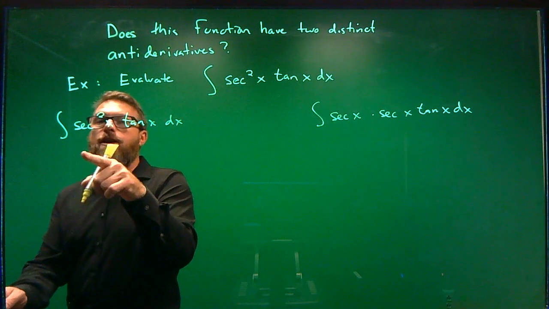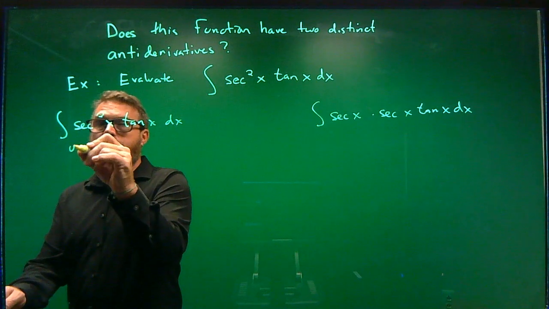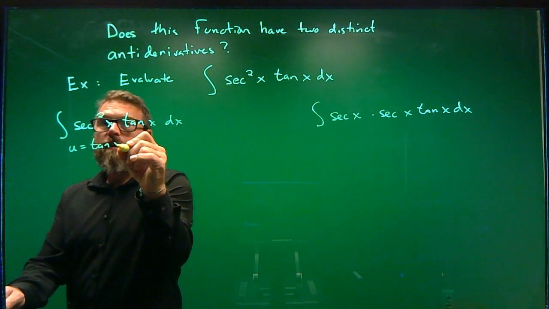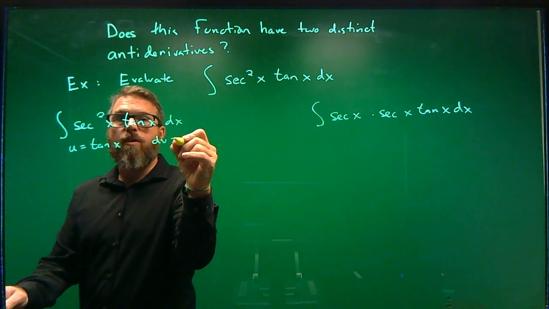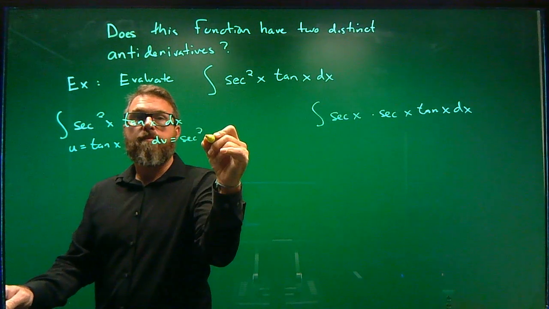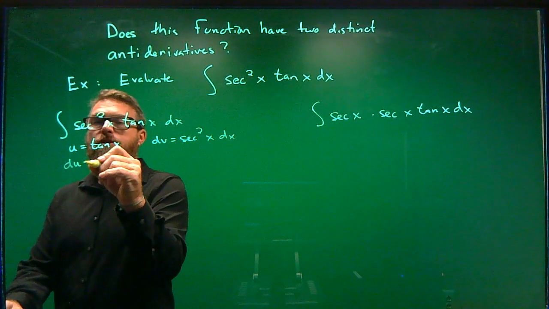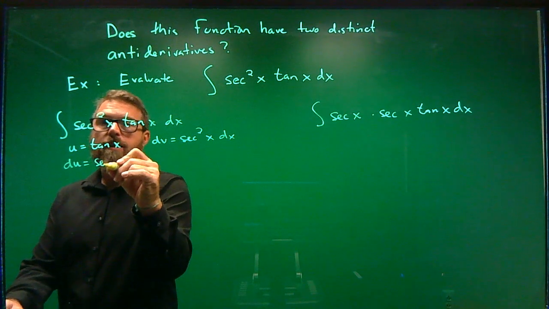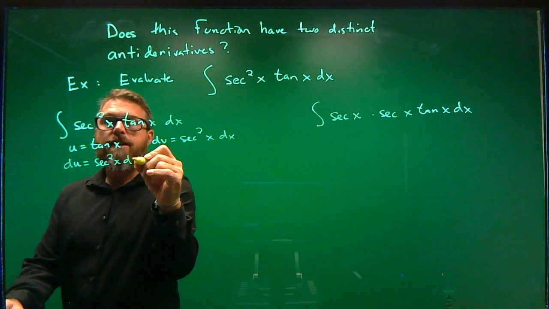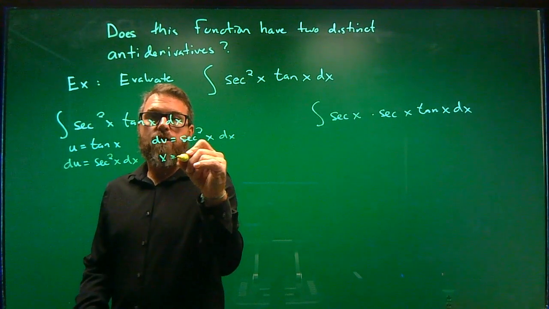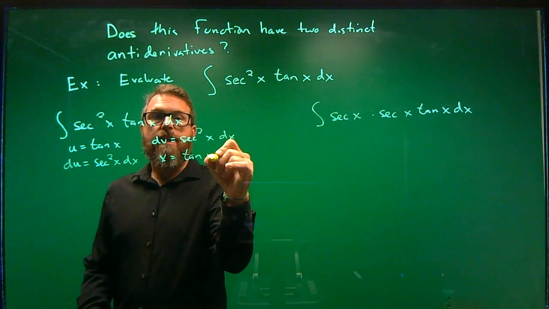So I know the derivative of the tangent, and I know the antiderivative of the secant squared. So the du, or its differential for tangent, is going to be equal to the secant squared of x dx. And then the antiderivative for the secant squared is going to be equal to the tangent of x.